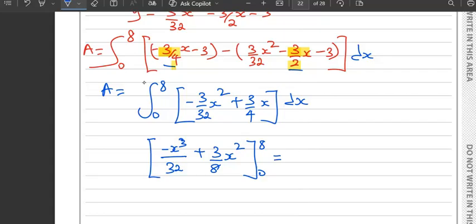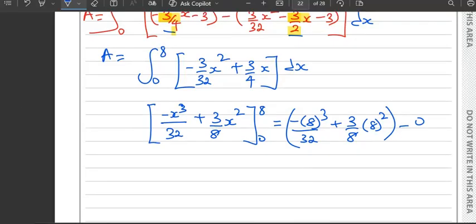We substitute x with 8, and subtract the value when x is 0. Substituting back, we have negative 8 cubed over 32 plus 3 over 8 into 8 squared, minus 0.